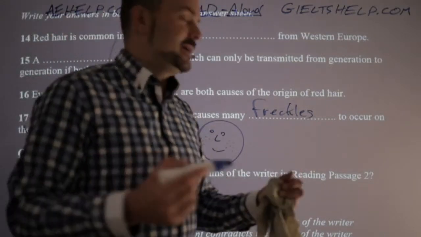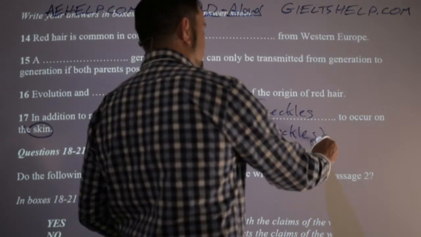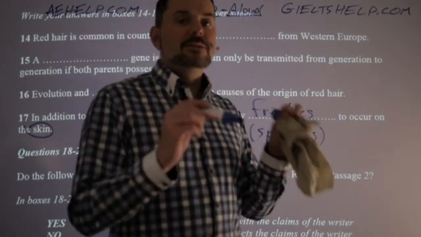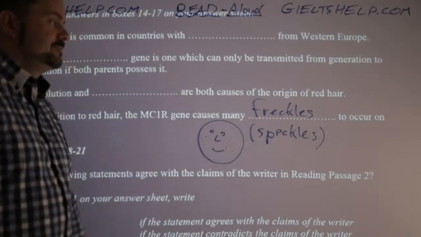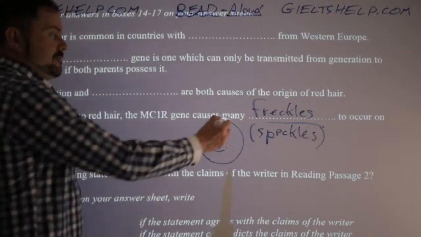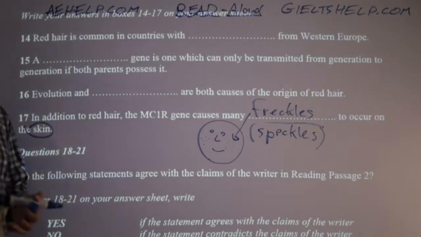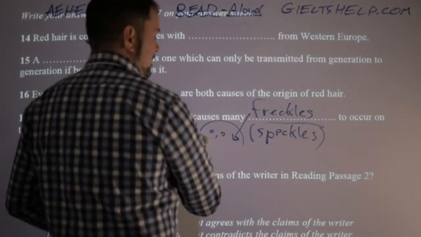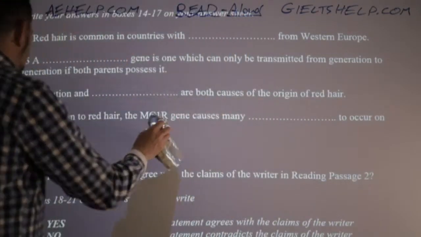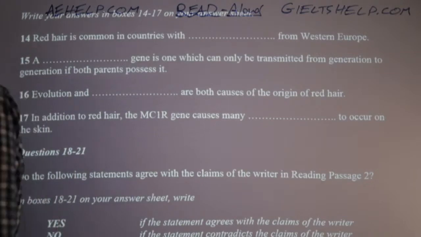Speckles we use in other contexts where you have little dots, like on a TV screen. But on the face, they're called freckles. Not only redheaded people have them, I have a few freckles as well. I think they're a little bit more common among European descent, but people have freckles, those little dots, okay?